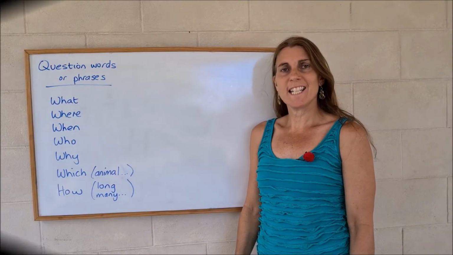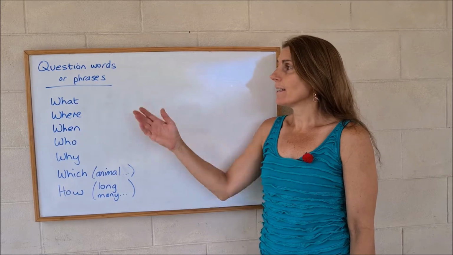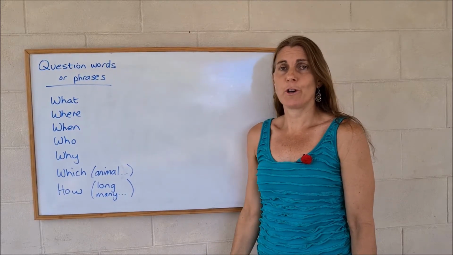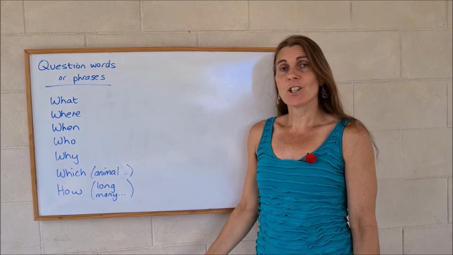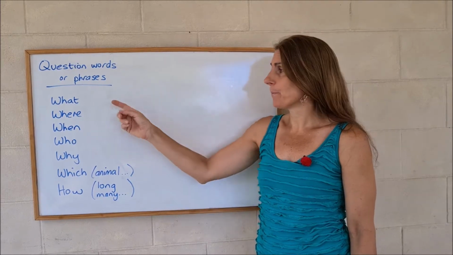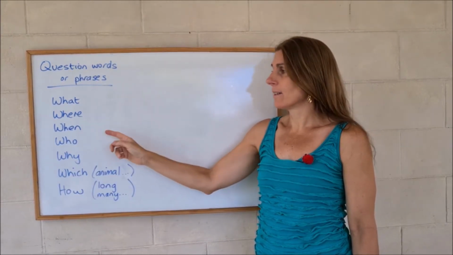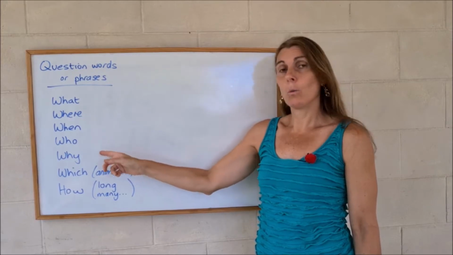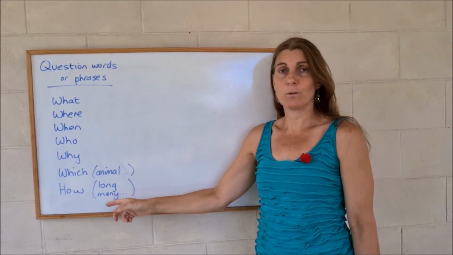So the first thing we need in English to ask questions is our question words or our question phrases. In English, we have 7 different words: what, where, when, who, why, which, and how.